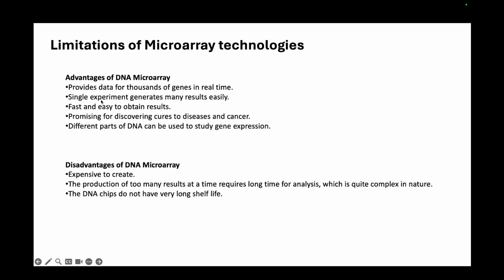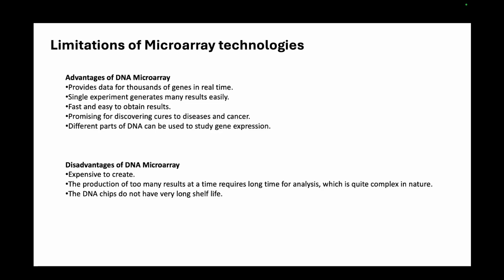And as a result, in a single experiment, it generates many results very easily, and it's fast and easy to obtain results, and it's promising for discovering cures to diseases and cancer. And different parts of DNA can be used to study gene expression, so you have a lot of flexibility here. Depending on your requirement, you can design your own DNA microarrays and check expressions for the genes that you like.